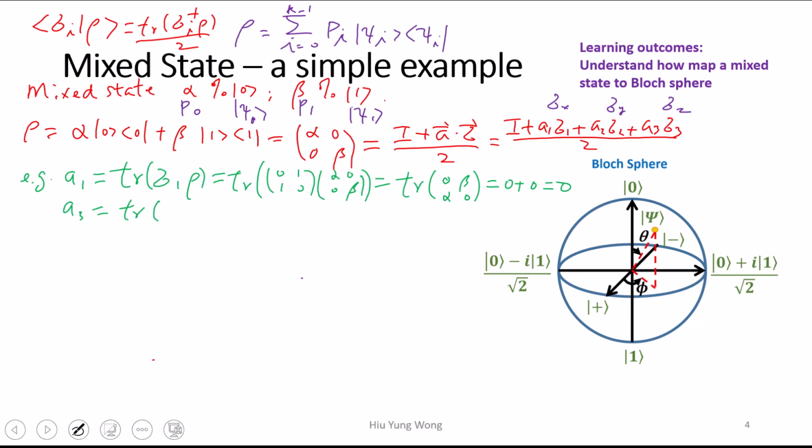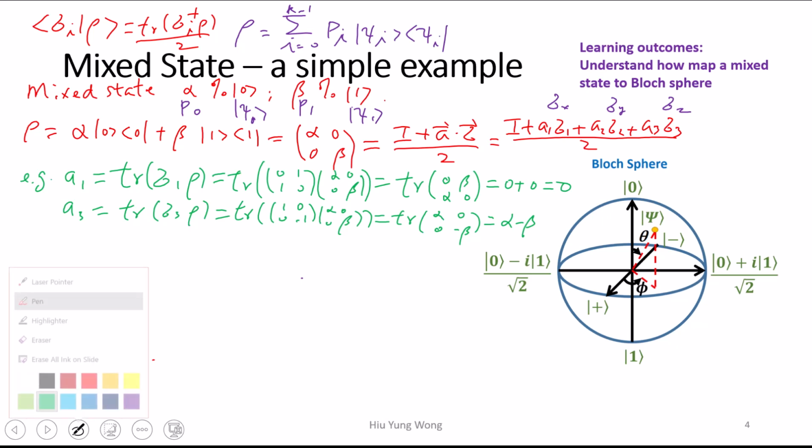So sigma 3, or sigma z, equals 1 0 0 negative 1 times alpha 0 0 beta. Now this time we got something, because it equals alpha 0 0 negative beta, and the trace is just alpha minus beta, because the trace is the sum of the diagonal.